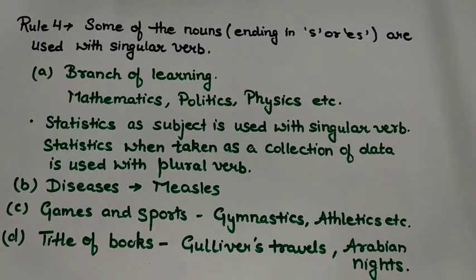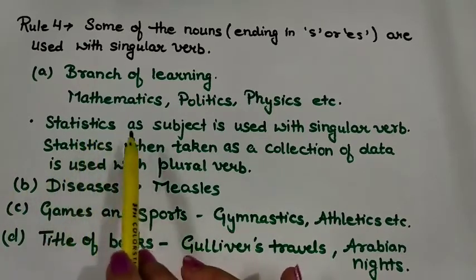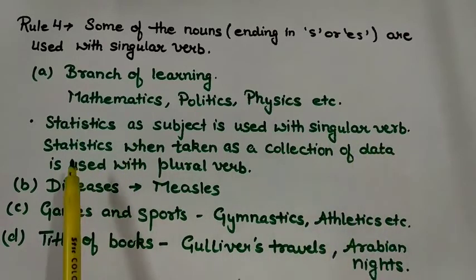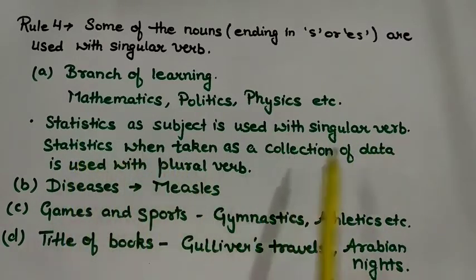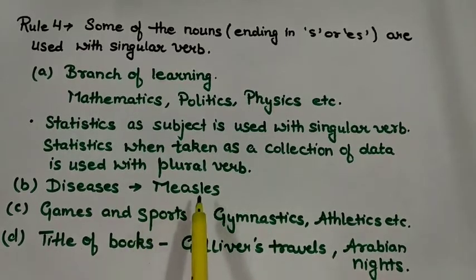Like if I say, mathematics is my favorite subject. Now, statistics is the word. Statistics as a subject is used with a singular verb, but statistics when taken as a collection of data is used with a plural verb. We can also apply the rule with diseases, like measles.